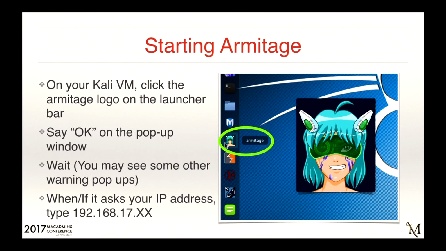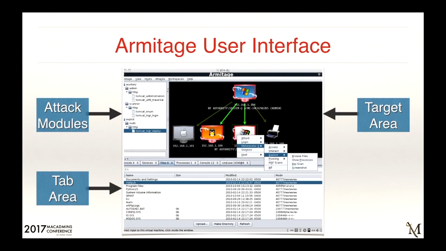All right. So like I said, don't do any of this right now. We're going to actually go through and we're going to do it on the virtual machines. But we're going to use Armitage to actually go through, and we're going to do this testing of what's vulnerable on that box. All right. So by doing so, we're just going to click on the icon, and then it's going to ask us for an IP address. We're just going to use the default for the machine that it's running on.